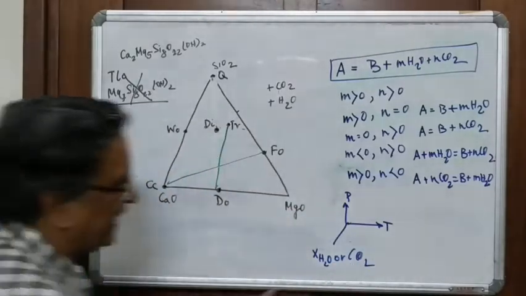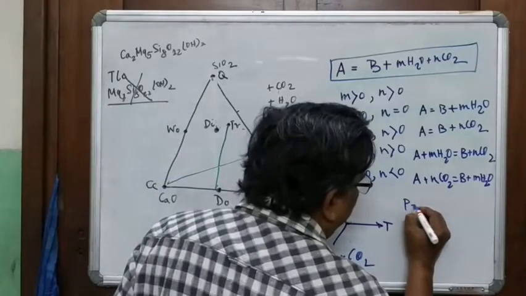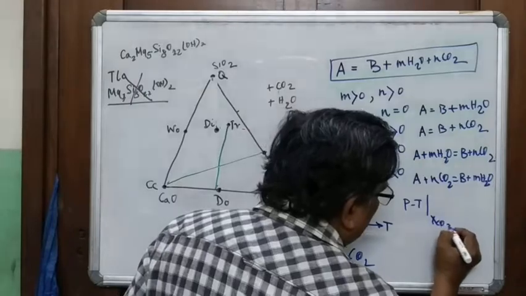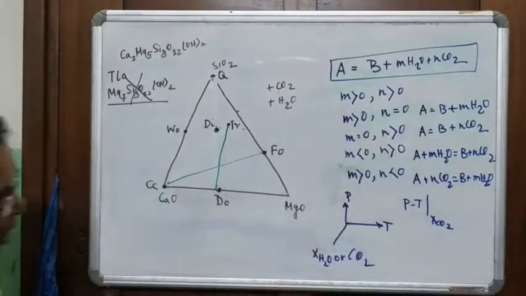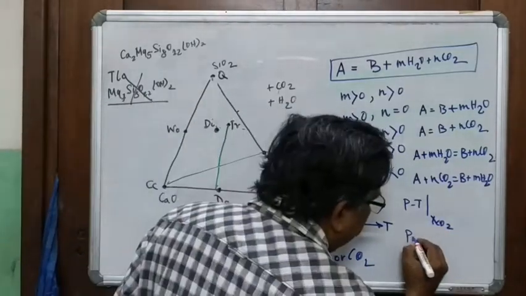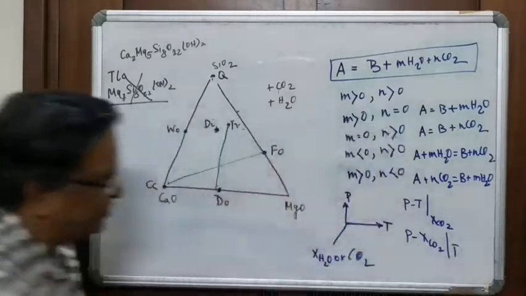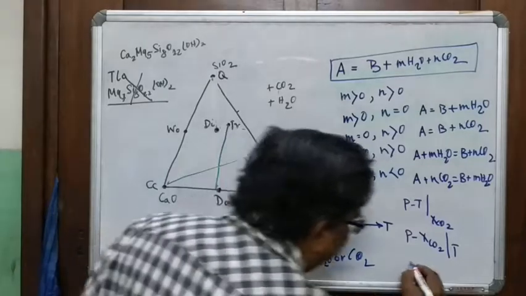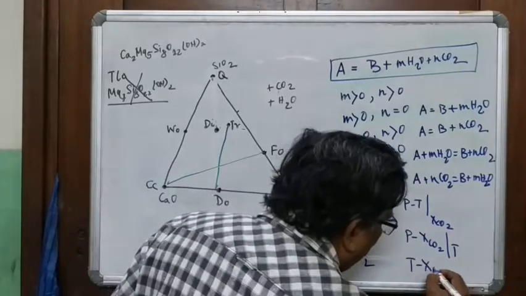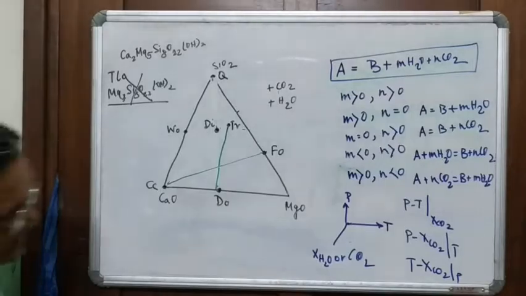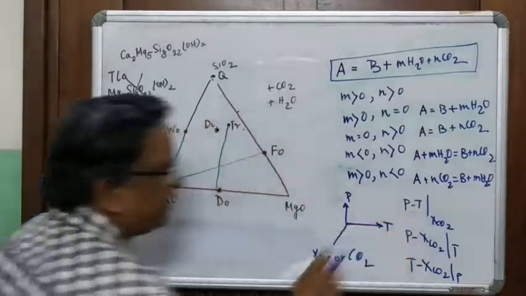So what we can do is, either you can have a pressure temperature diagram where XCO2 is constant, or you can have a PXCO2 diagram where T is constant, or you could have a TXCO2 diagram where P is constant. This is a pressure temperature diagram.